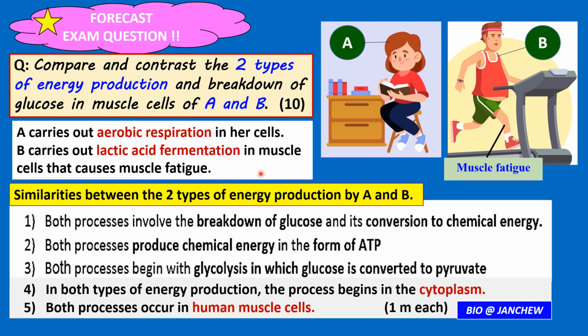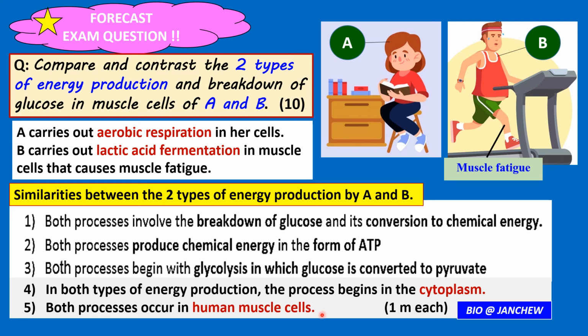Then you have another 8 or 9 marks to go, where you can write down, say, 5 similarities or 5 differences. All right, so always make sure that you write more, if you can, a few more points, in case for some points there may be a bit of mistake. Right, similarities between the two types of energy production by A and B. So these similarities have been discussed just now. Both processes involve breakdown of glucose and its conversion to chemical energy. Both processes produce chemical energy in the form of ATP. Both processes begin with glycolysis, in which glucose is converted to pyruvate.